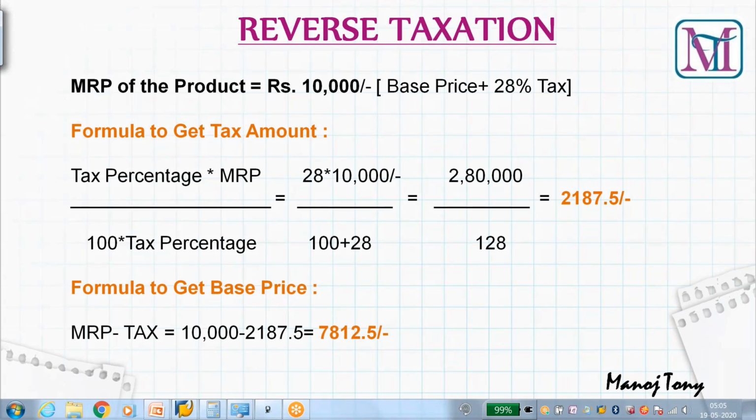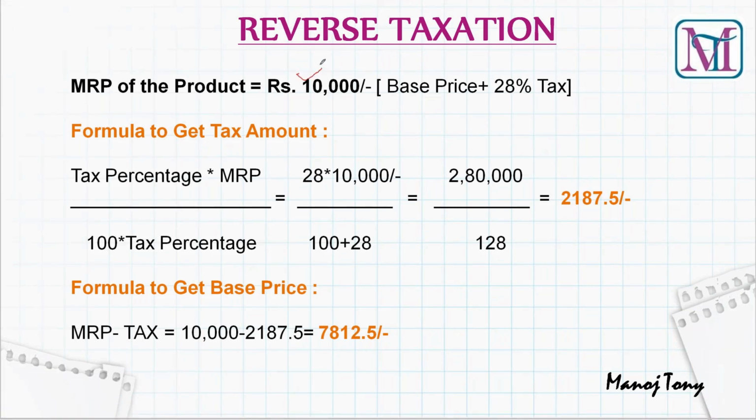In this example, the maximum retail price of the metal is 10,000. The 10,000 includes base price plus 28% GST tax. What is the calculation for this? Tax percentage, 28, into MRP, divided by 100 plus tax percentage. This is not multiplication, this is plus: 100 plus tax percentage.